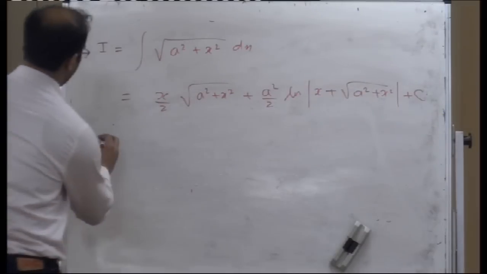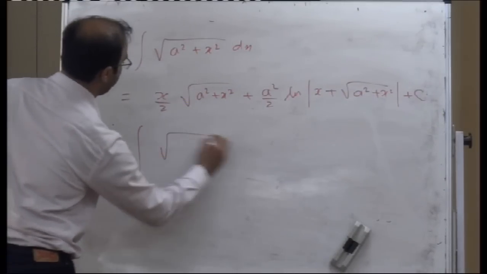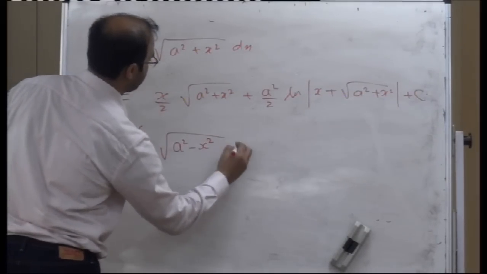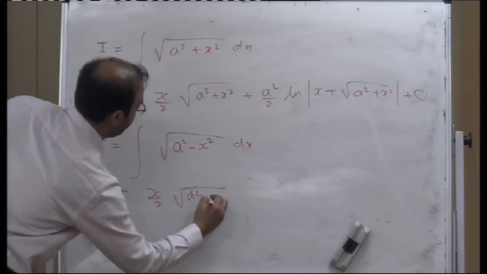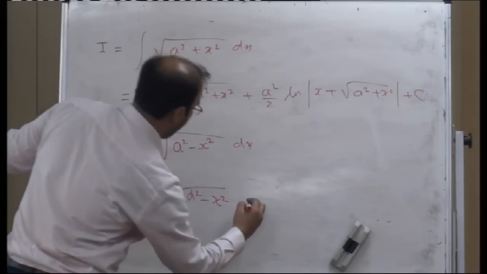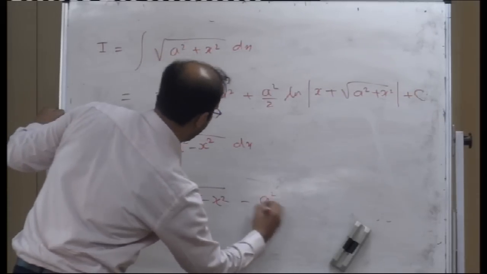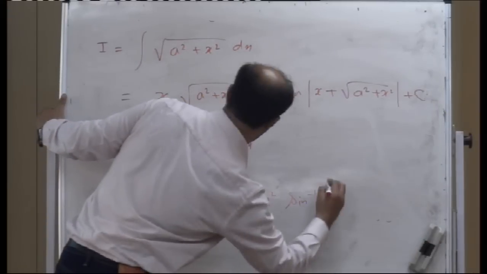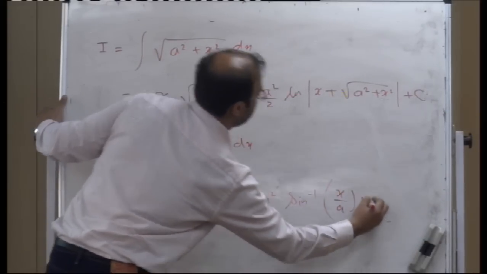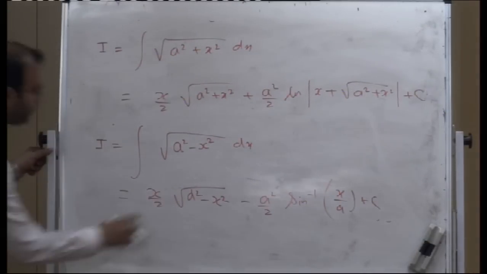Another formula which you have to remember is integral of root over a square minus x square dx. That is actually x by 2 root over a square minus x square plus a square by 2 sine inverse x upon a plus c, right? So this is another formula.